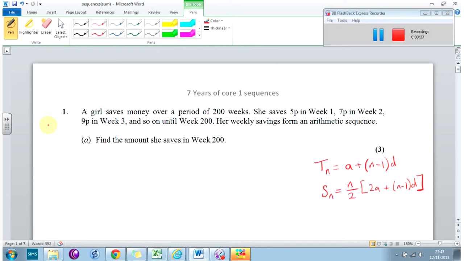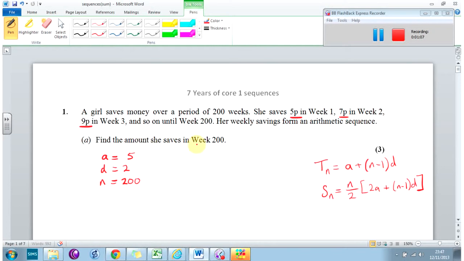So, looking at question 1, we've got the girl saving money over a period of 200 weeks, so we know instantly that we've got a, d and n. n is going to be 200 because that's the one we're interested in, the 200th week. We know that the first term a is 5p. The common difference d, well, it's going up from 5 to 7 to 9, so it's going up in 2's.